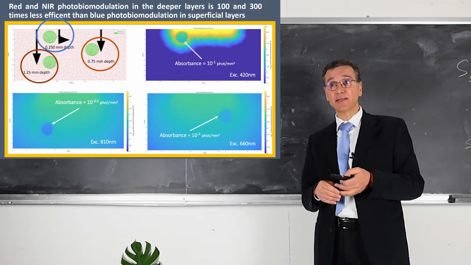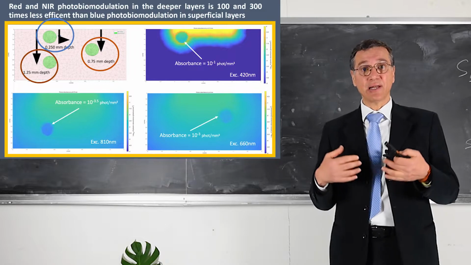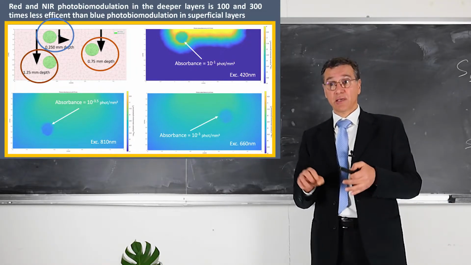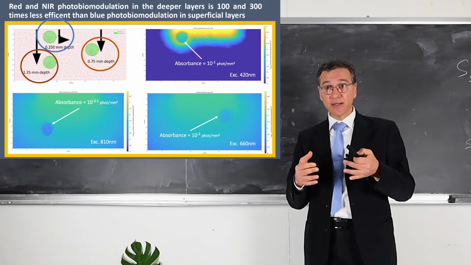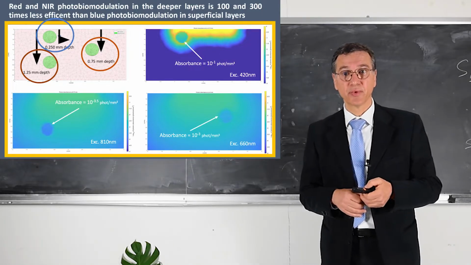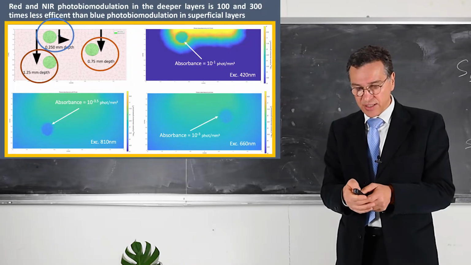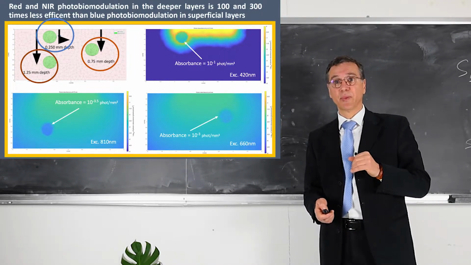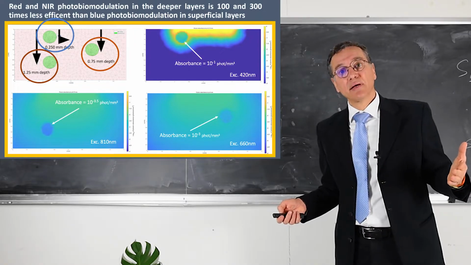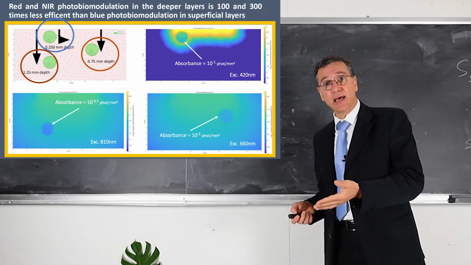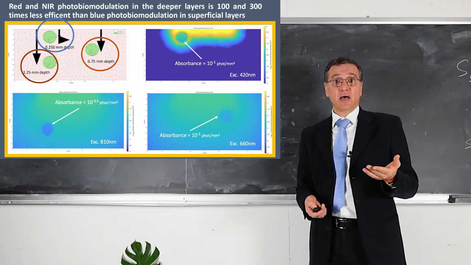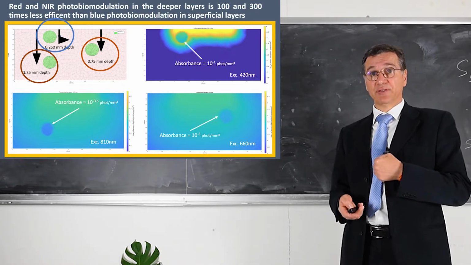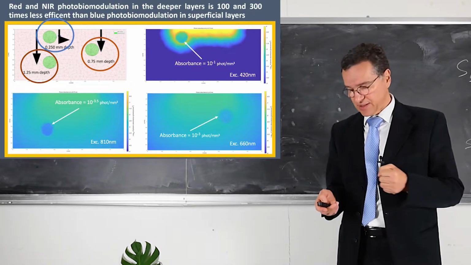And with the red, we are about 100 times less effective in photoactivating the cytochrome at medium depth than the blue on the surface. So in that case, blue works much better on the surface, penetrates less, but going deeper, the red and the near infrared are absorbed much less by the cytochrome oxidases.